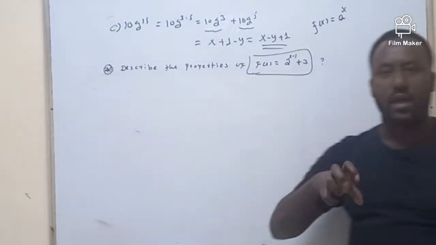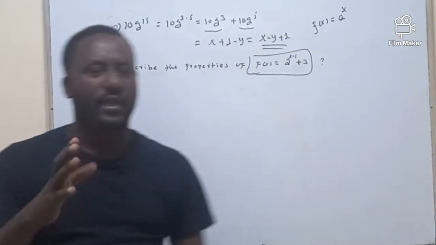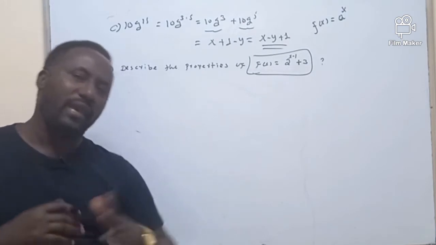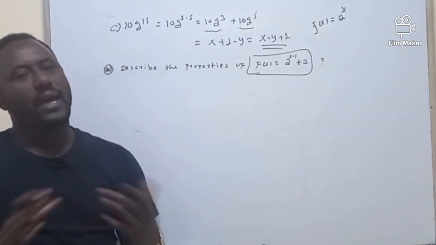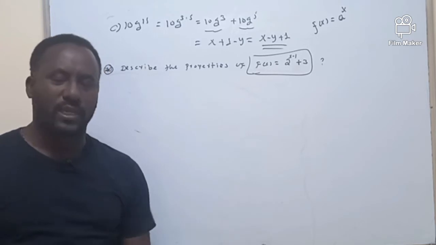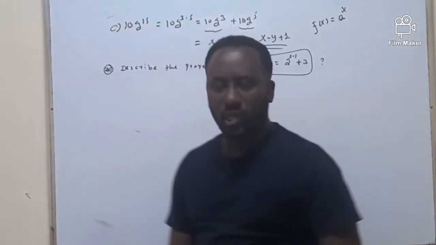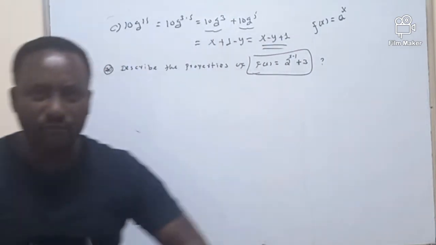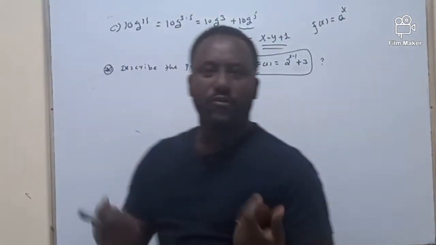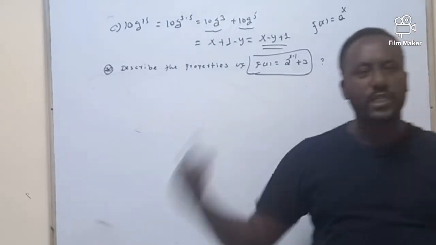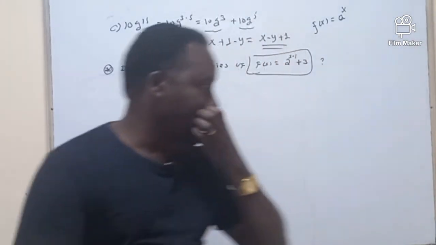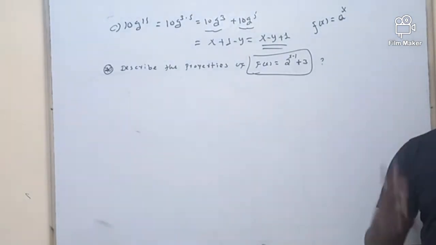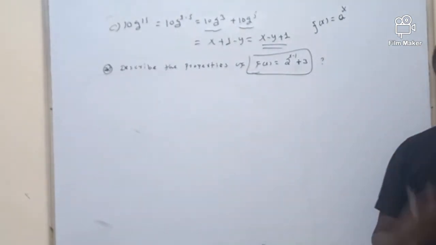In order to describe the properties of any exponential function, any logarithmic function, any polynomial, and other problems, first of all you have to look at how to sketch the graph. If you are able to sketch the graph of these problems, then it's very simple to describe their properties. That's the main important point you have to know always.